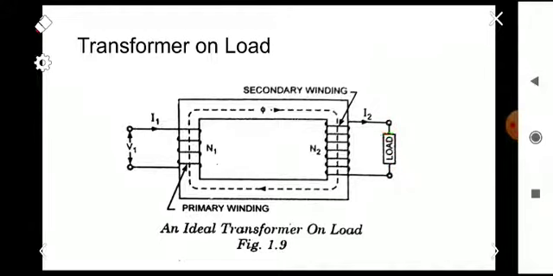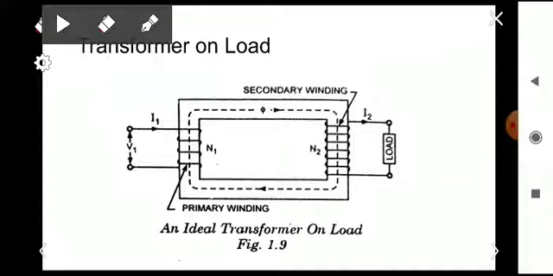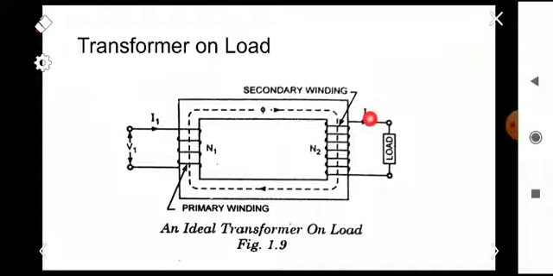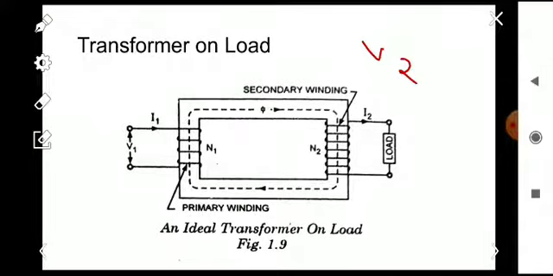The magnitude and phase of the secondary current I2 will be in phase with, lag behind, or lead the terminal voltage V2 respectively, based on the load we are connecting here.